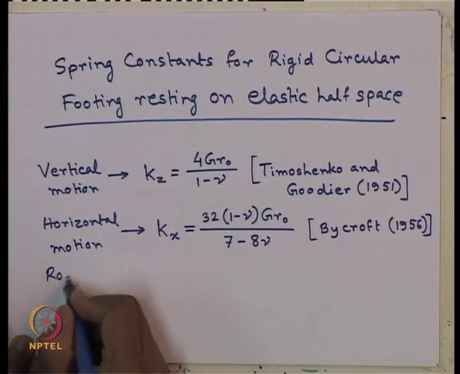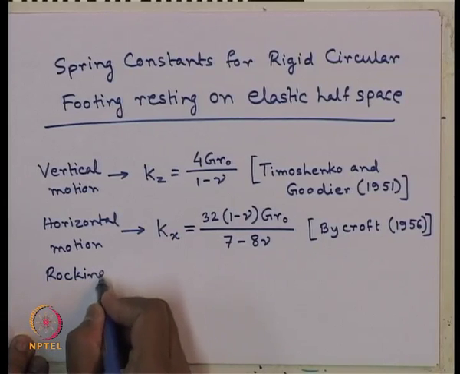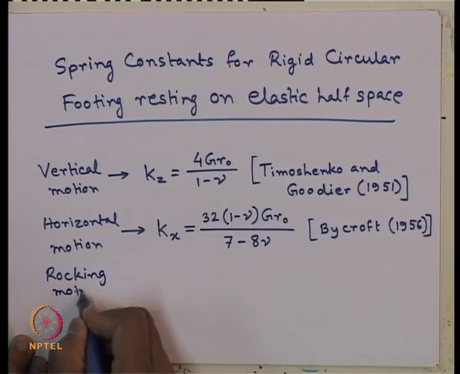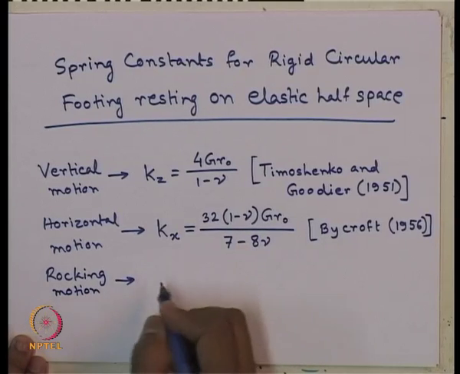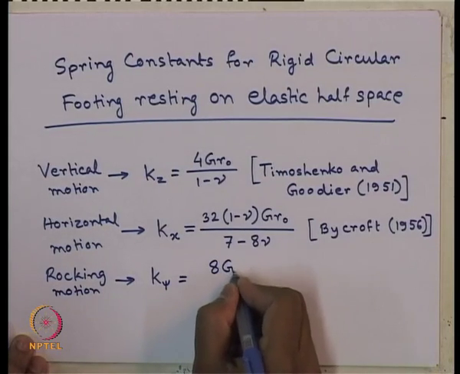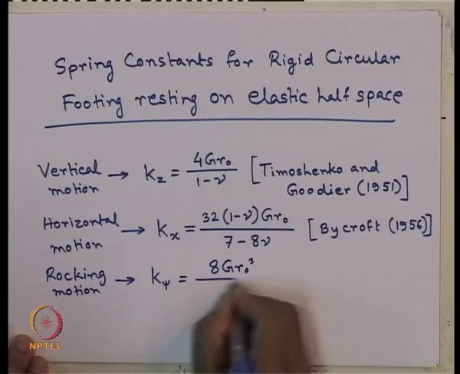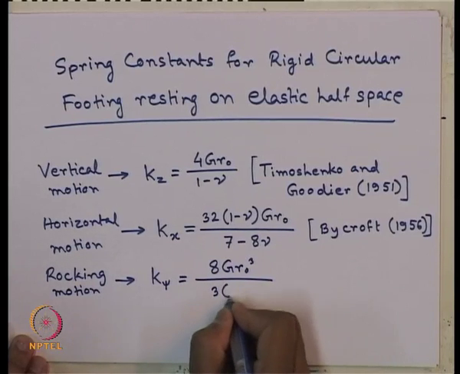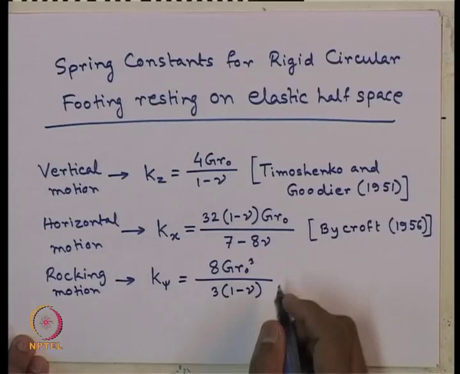For rocking motion, the symbol K psi is 8 g r naught cube by 3 times 1 minus mu.